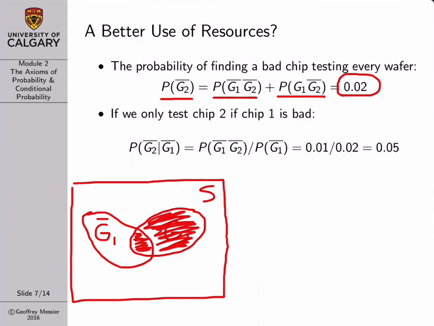Let's say this another way. Given that we know chip 1 is bad because we've already tested it, what's the probability that chip 2 is going to be bad? This is the kind of language that suggests a conditional probability calculation. So if you ever see the words, given that something has happened, what's the probability of something else happening?